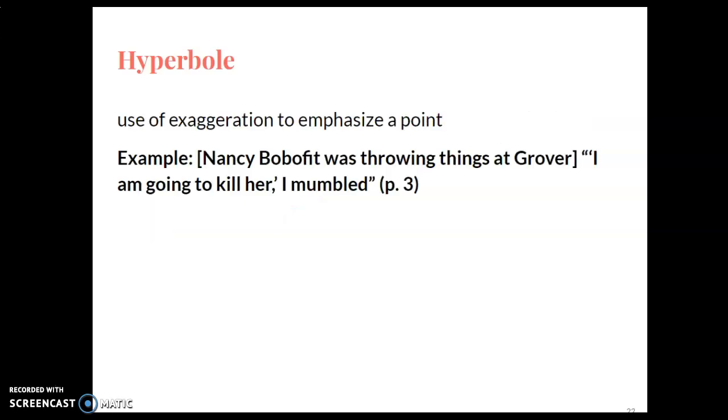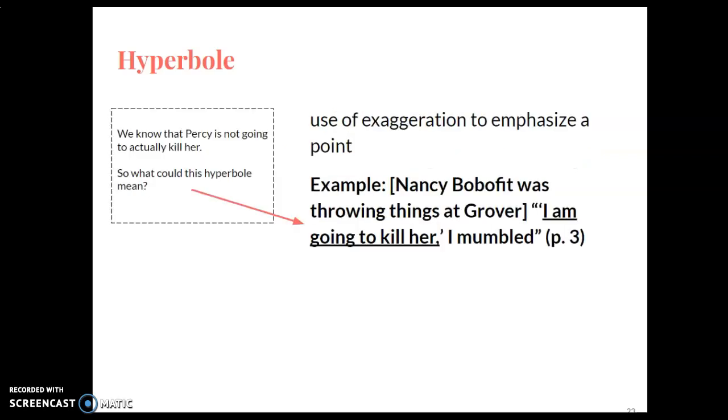So from page 3, we know that Nancy Bobofit was throwing things at Grover, and Percy goes on to say, I'm going to kill her, I mumbled. Well, we know that Percy's not going to actually kill her, so why would he say this? What could this hyperbole mean?